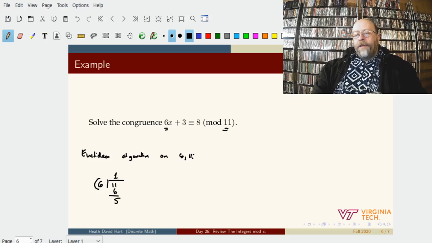Then I take these two numbers on the outside, and I keep going, but this time I'm going to divide 5 into 6. That goes 1 time with 1 left over. And again, I'll take the number at the beginning and the number at the end of this chain and divide. 1 goes into 5 times with 0 left over.